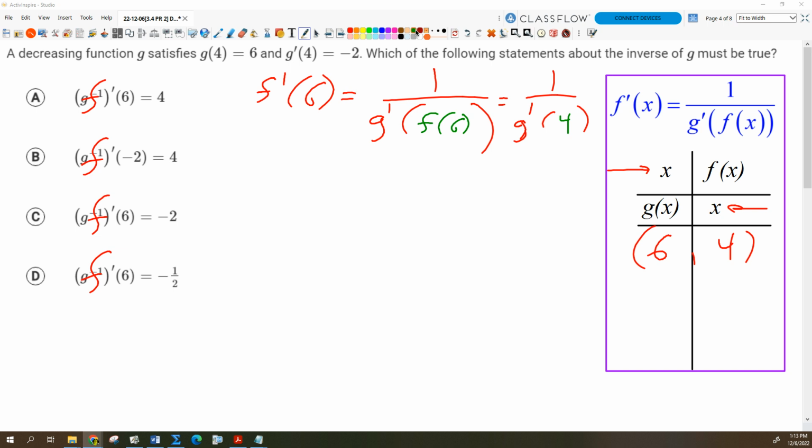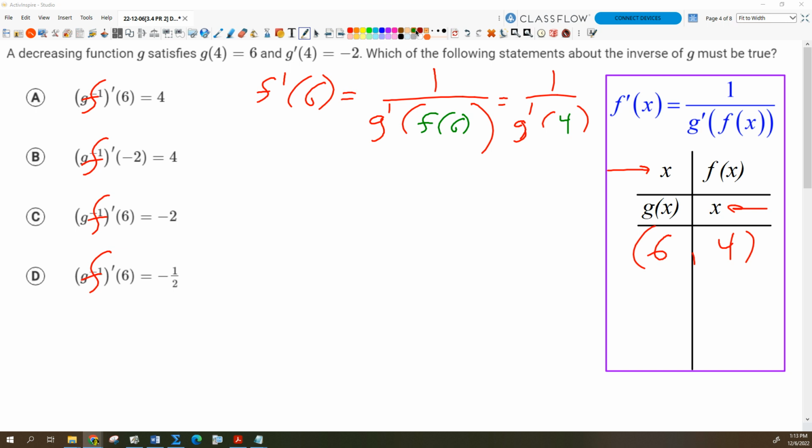What about B? Why doesn't B make any sense for us? Well, what would that imply? Let's write out that statement.